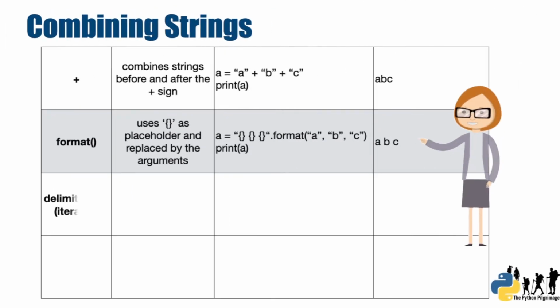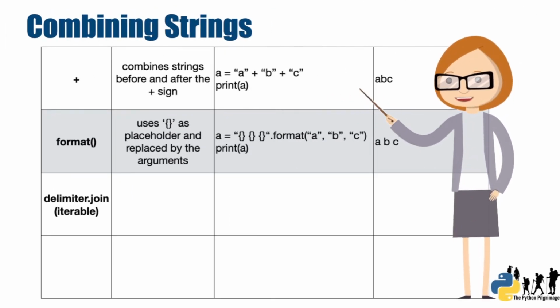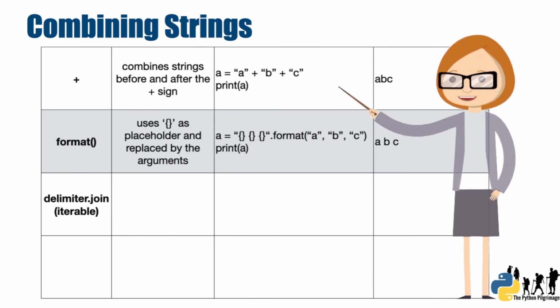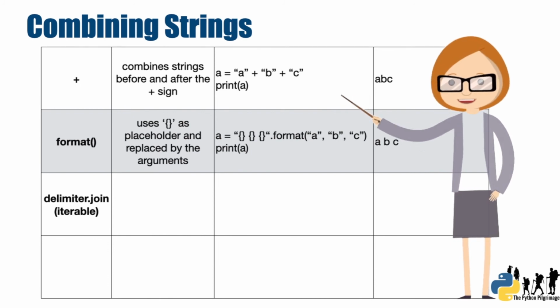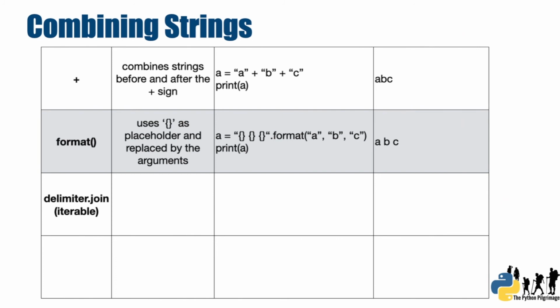Okay, next up is join. The format for join is the delimiter.join, and then inside join is an iterable. An iterable may be a string, a list, a dictionary, a set, a tuple, anything that you can iterate through. It iterates through an iterable and joins them by the delimiter.